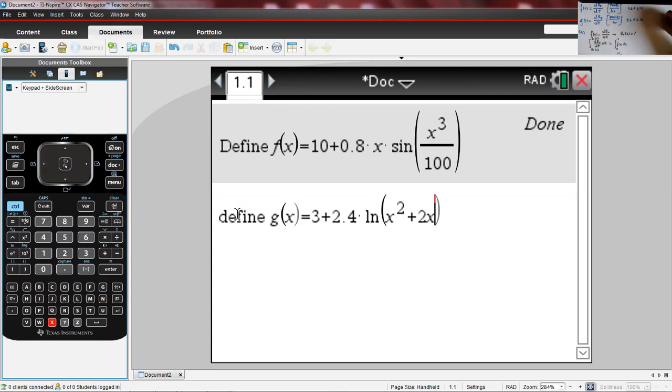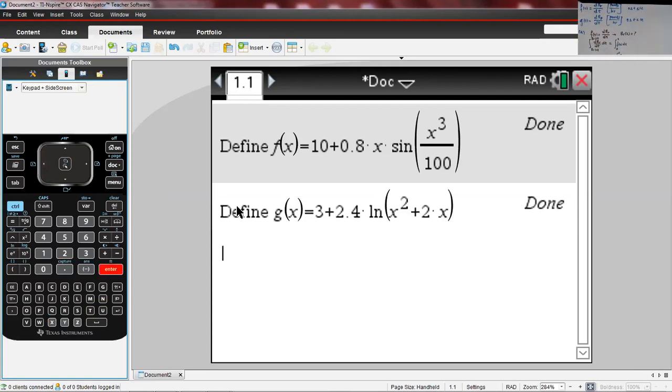I press enter, and that's my function. Let me just check with the graph. Yes, it's 0.8x sine, correct. G of x is also correct.